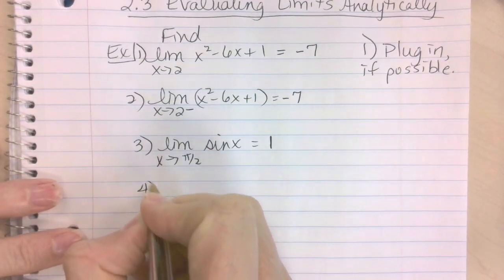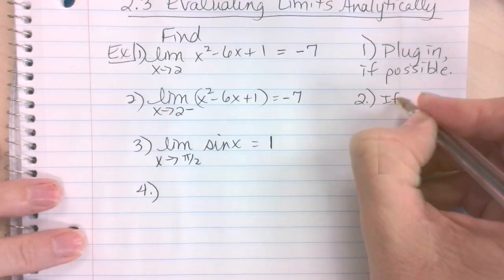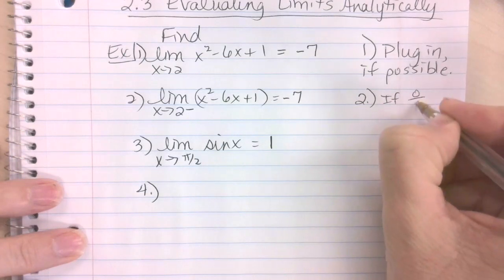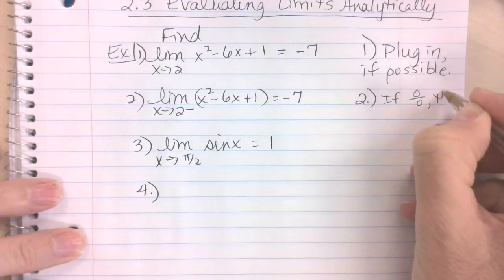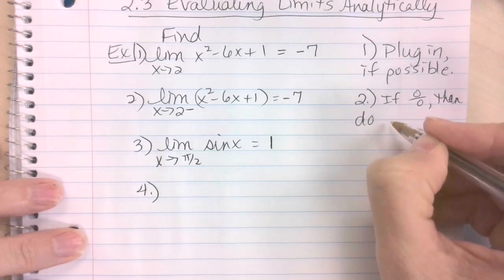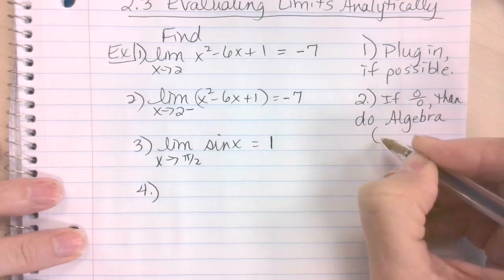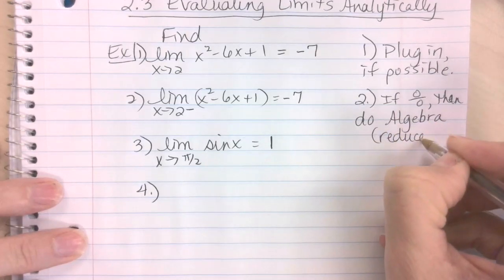When it gets a little bit tricky is if we have 0 over 0. Then, for now, we have to do some algebra. In other words, we have to reduce if possible. Okay?